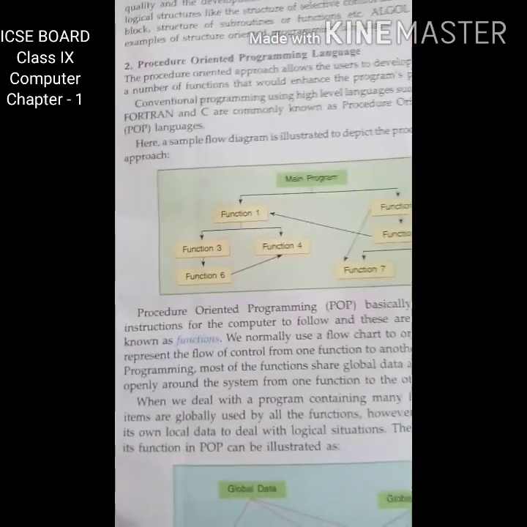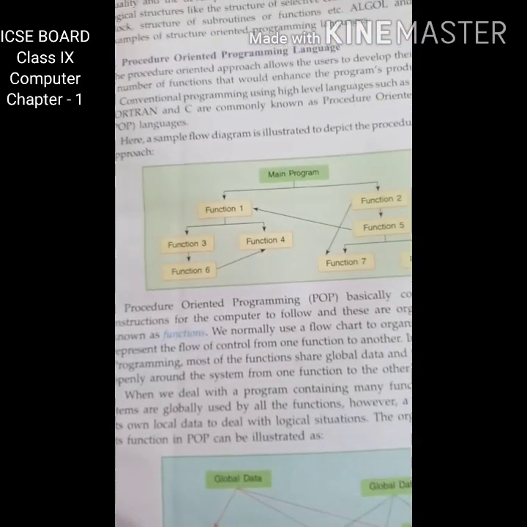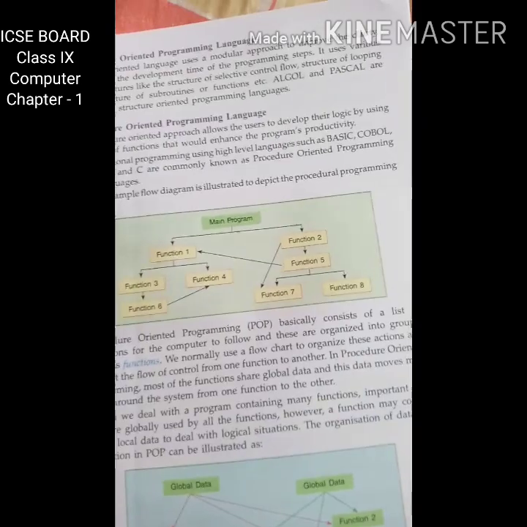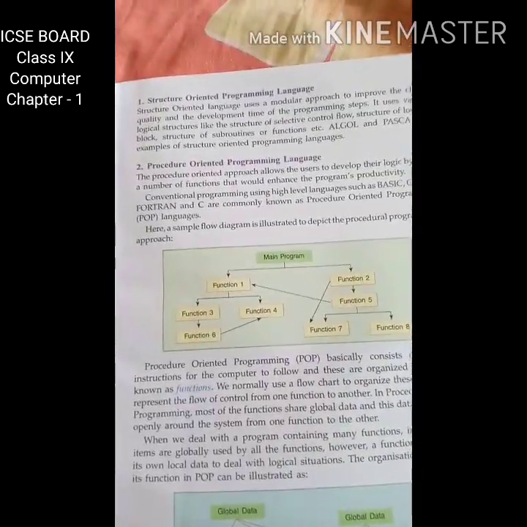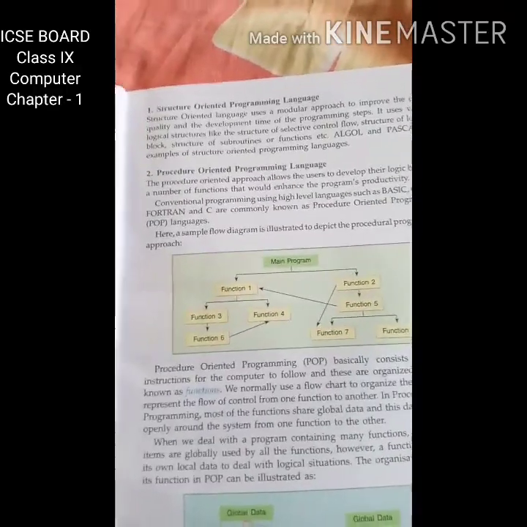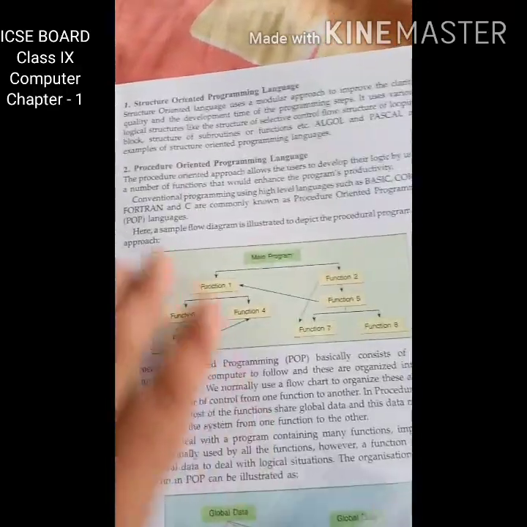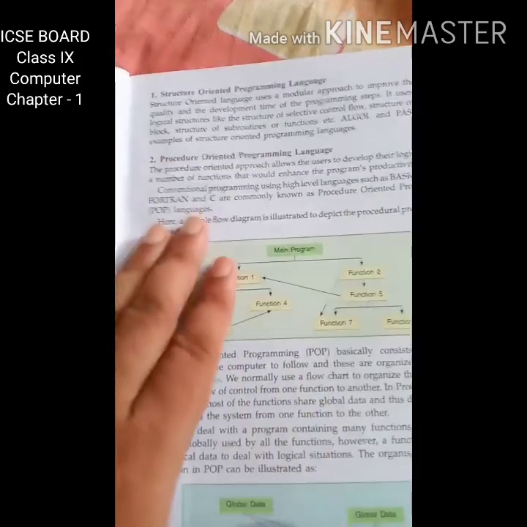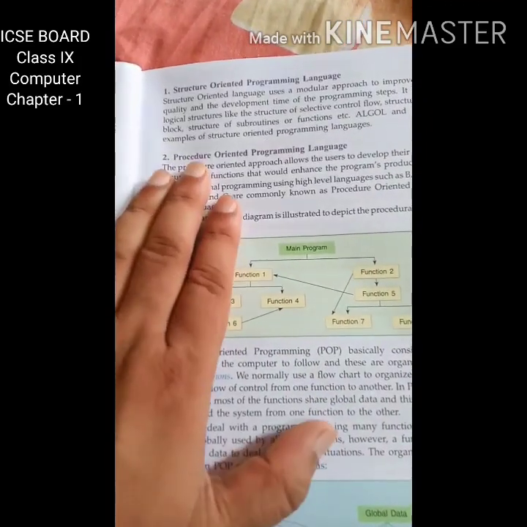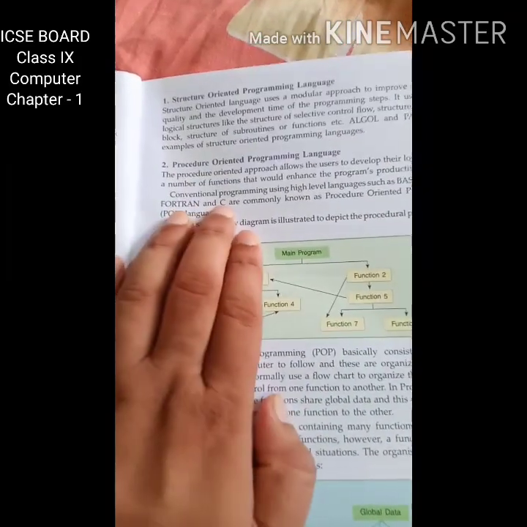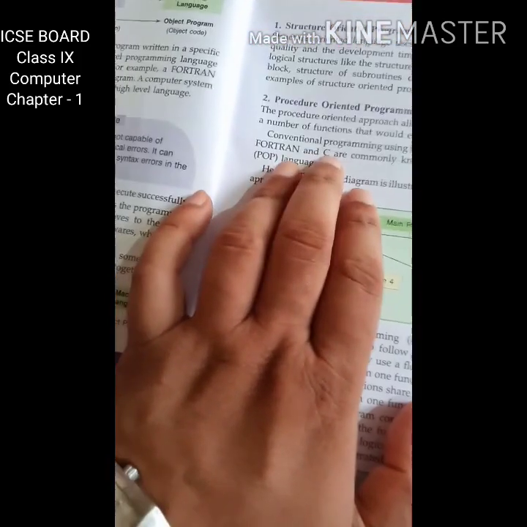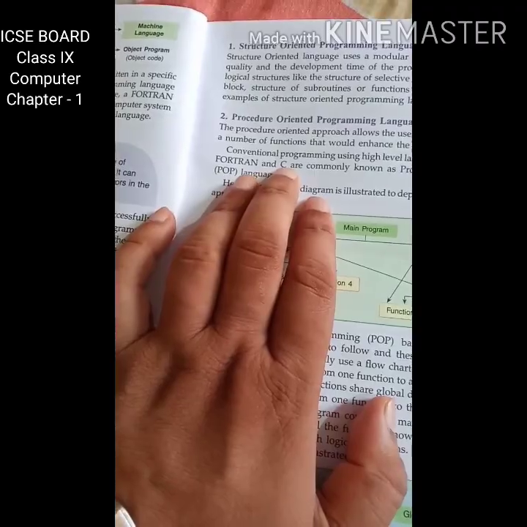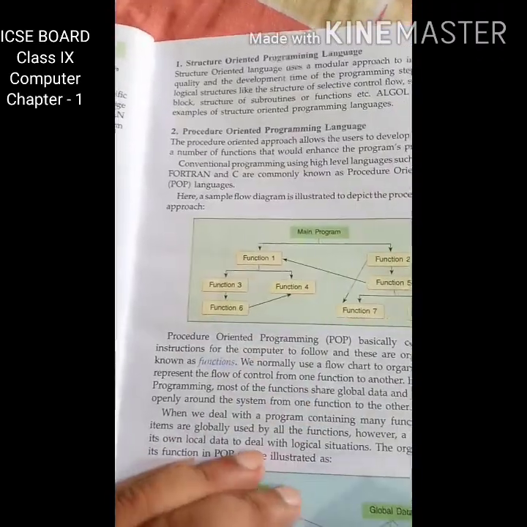Okay, so we have studied structure oriented programming and procedure oriented programming, and some features of procedure oriented programming like C's are inherited in object oriented programming in C++ and Java.